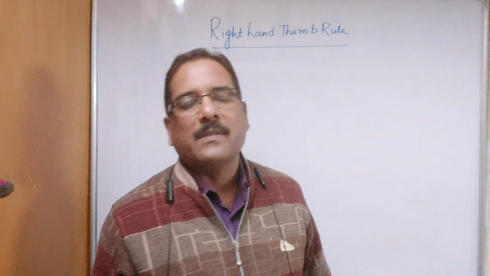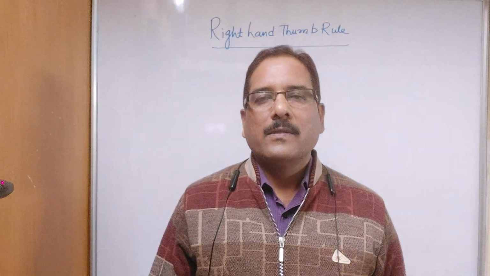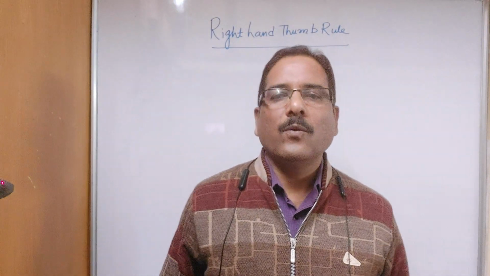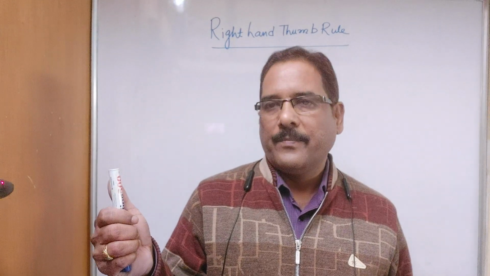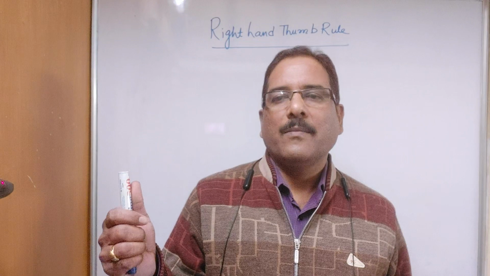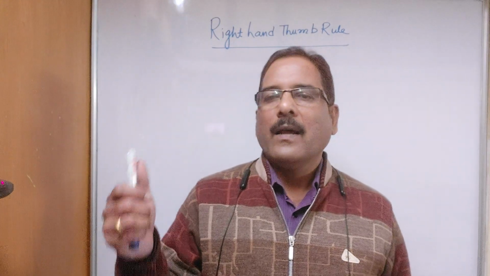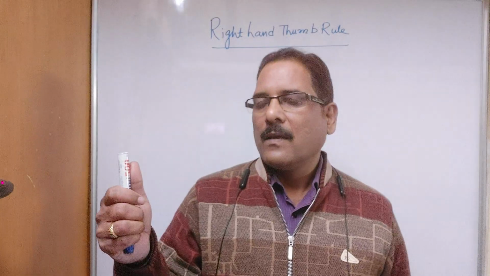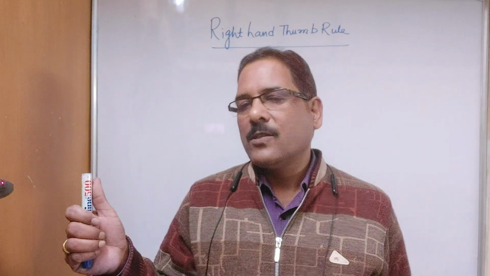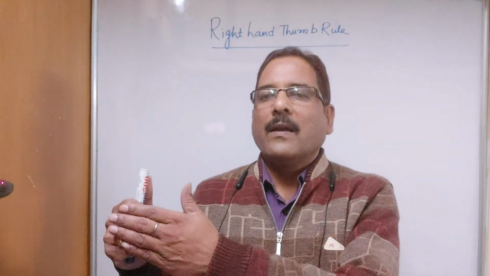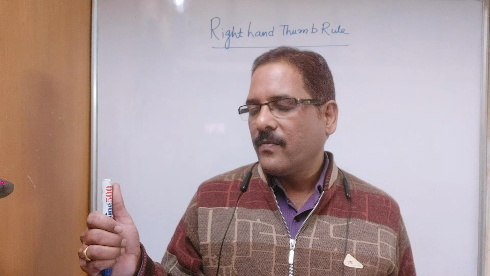As I have explained in last class, the right hand thumb rule says that if we hold a current carrying conductor in our right hand, and we must remember that we have to hold it in such a way that the thumb indicates the direction of current, then the fingers wrapped around it show the direction of magnetic field.